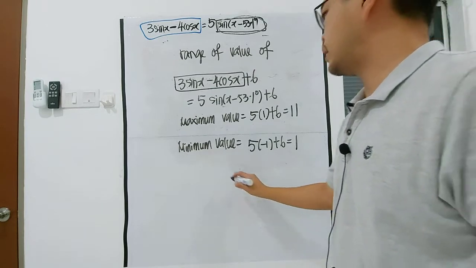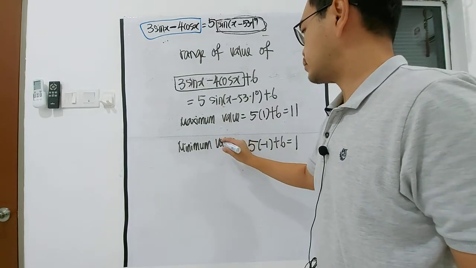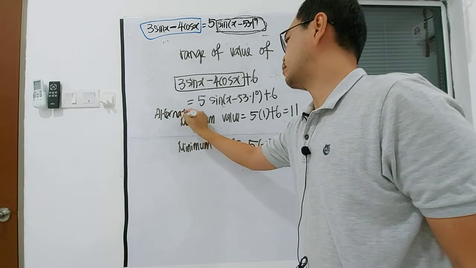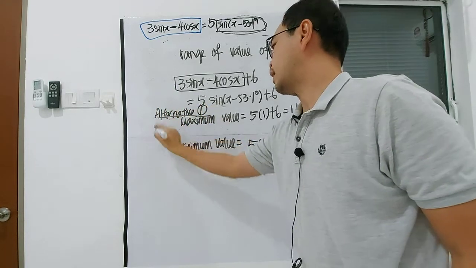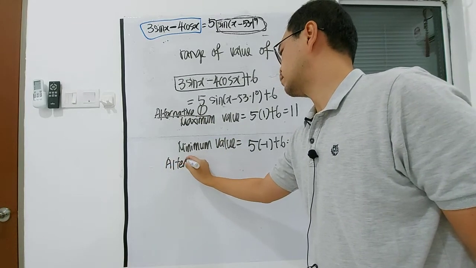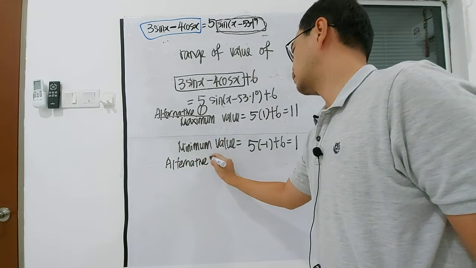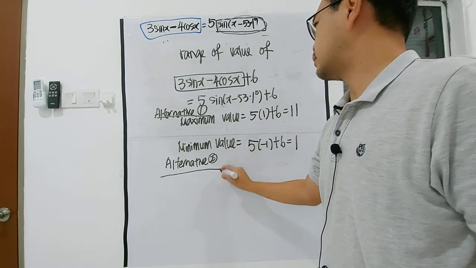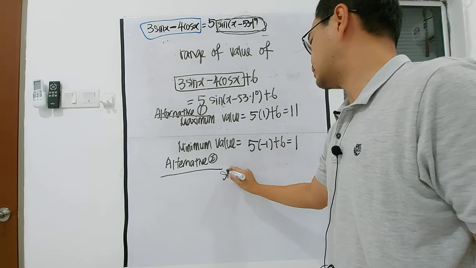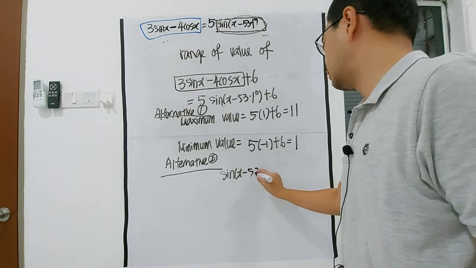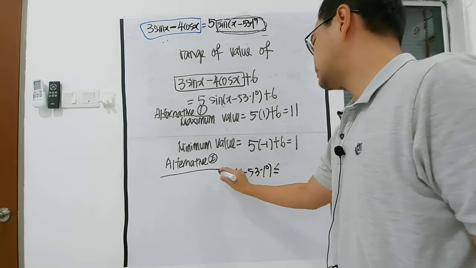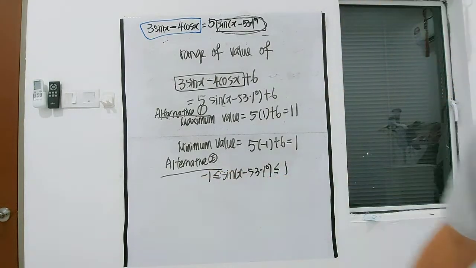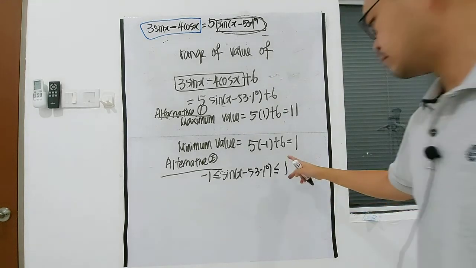This is trial and error. So another way will be alternative number 2. You start from the basic that sine has maximum 1 and minimum negative 1.